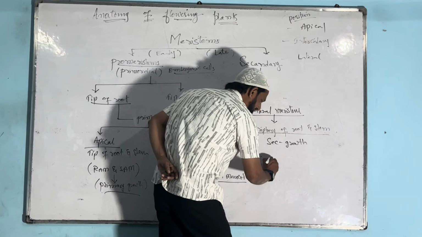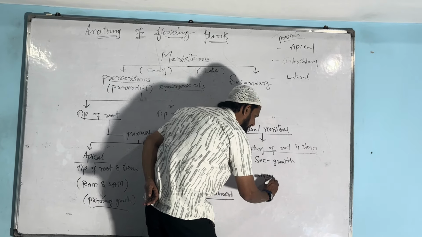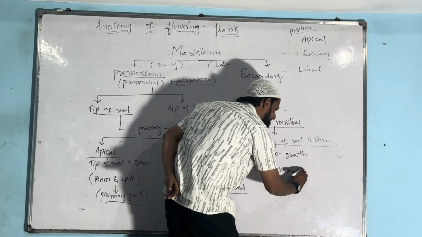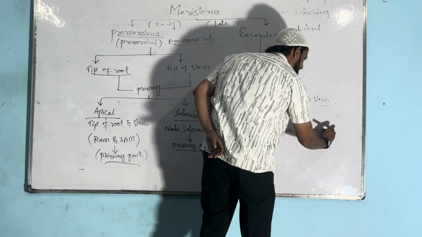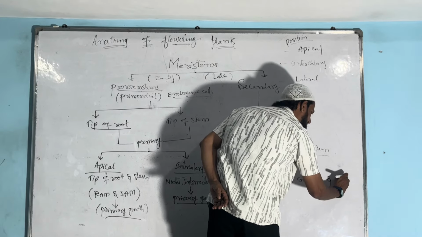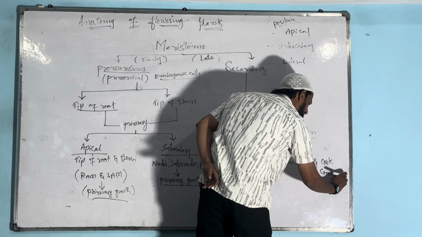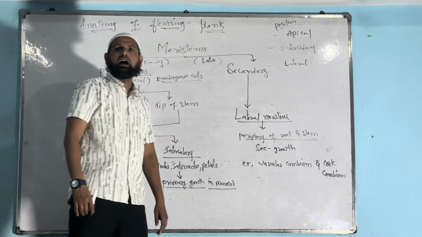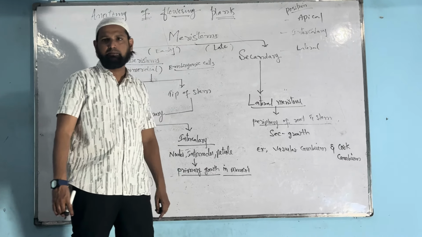The best examples are vascular cambium and cork cambium. So vascular cambium and cork cambium are the examples of what? Secondary meristem or lateral meristem.